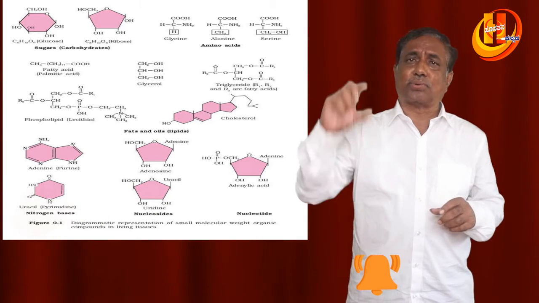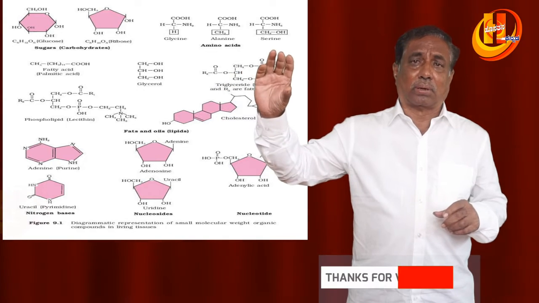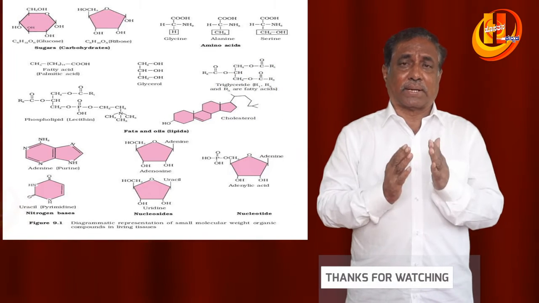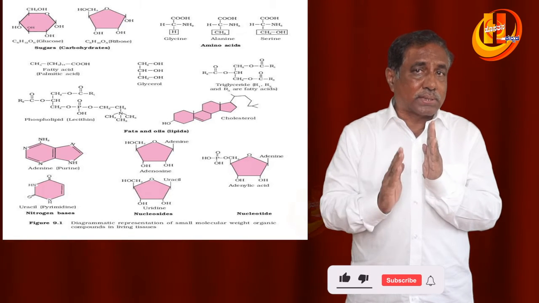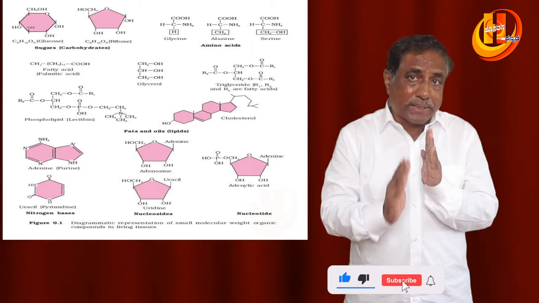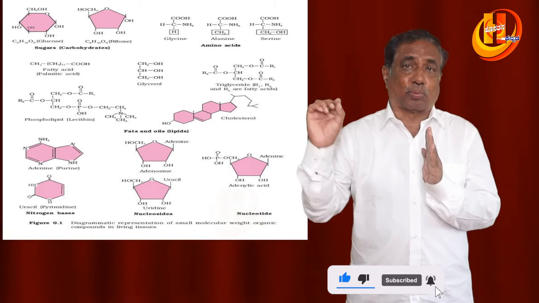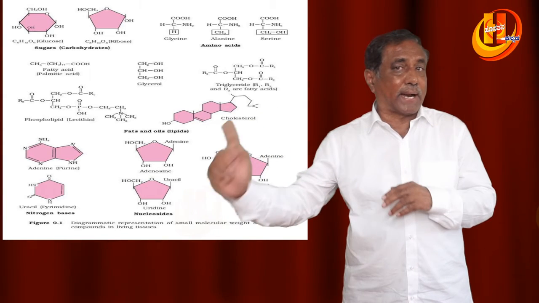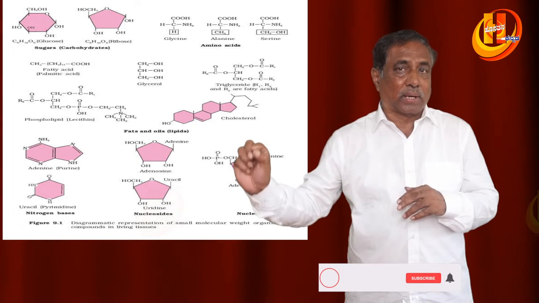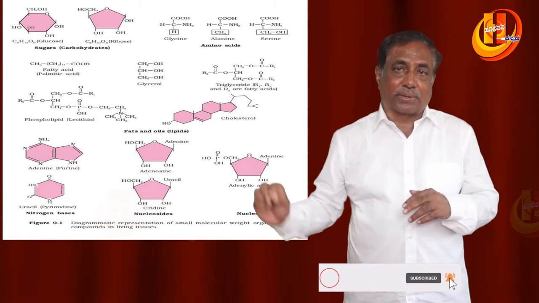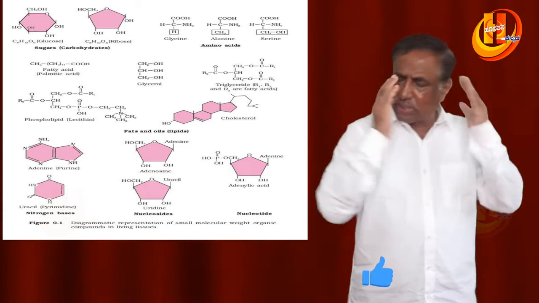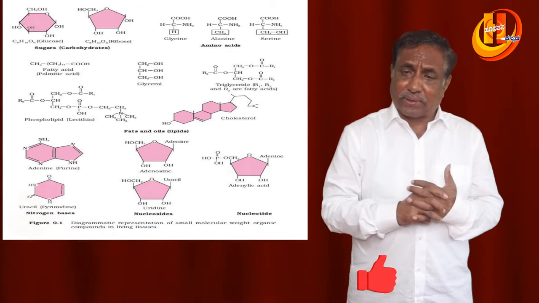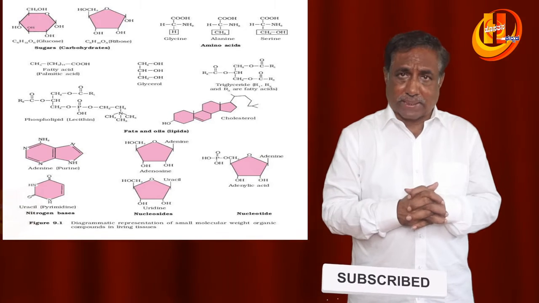It is CH2COO-R, then CHCOO-R, and then CH2, with a phosphate group attached, then CH2, and attached to the last CH2 is N, and attached to this there are 3 methyl groups, that is CH3, CH3, CH3. So this is the structure of lecithin. This is also very important.